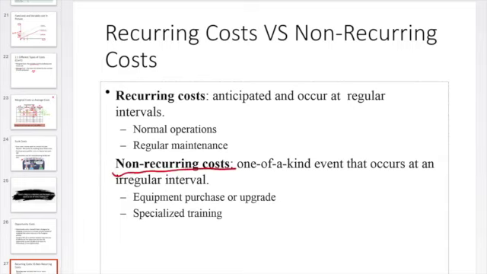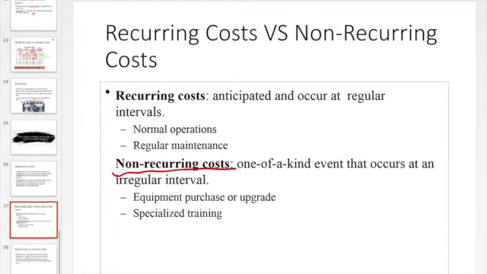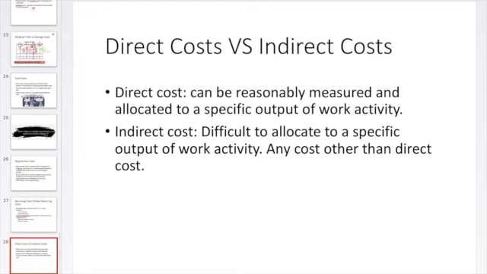A non-recurring cost is something that happens one time, like the money you spend on equipment. You just buy the equipment at the beginning, and then it's done. Unless you lease it, you don't have to pay it every month. So it's very easy to distinguish these two concepts.